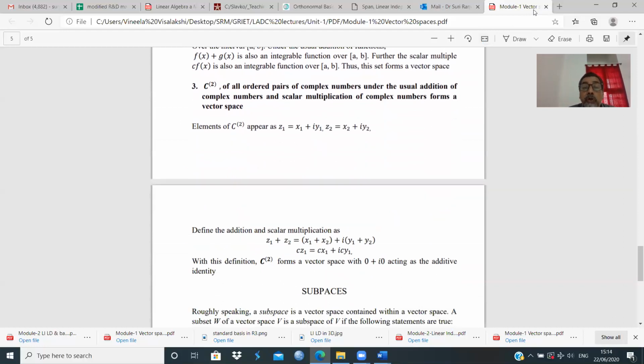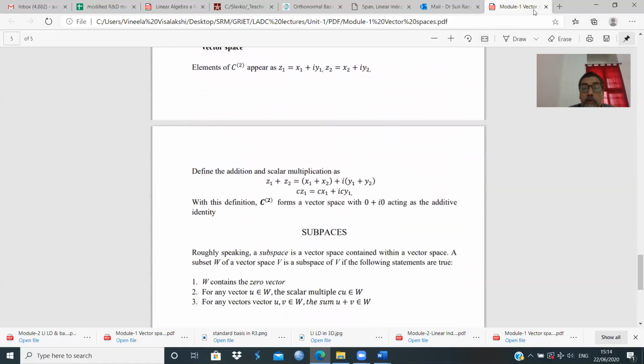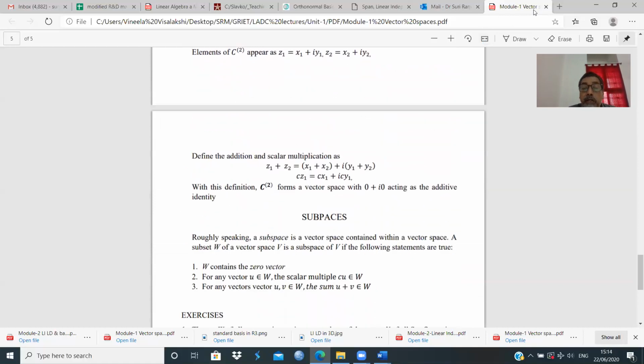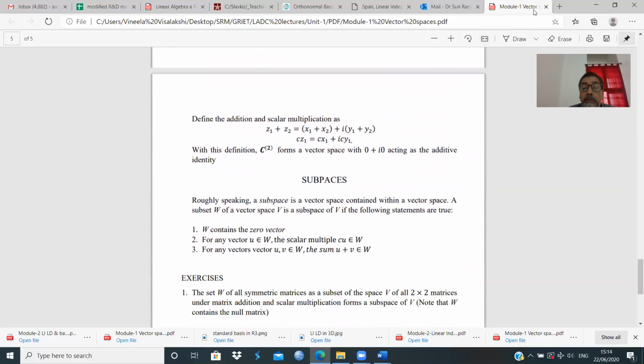So let us take two complex numbers Z1 as x1 plus i y1, Z2 as x2 plus i y2, and then the addition is the usual complex addition. Scalar multiplication is the usual complex scalar multiplication, and we'll find that this will definitely satisfy all the 10 axioms.